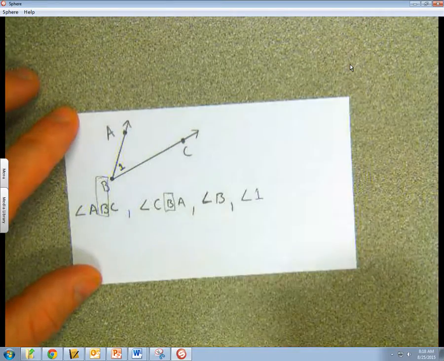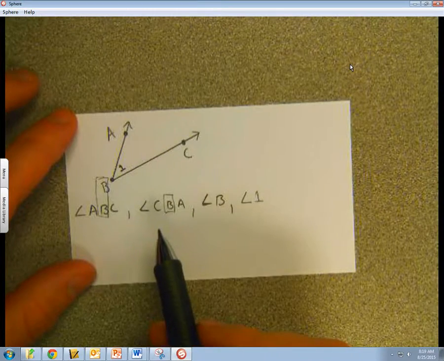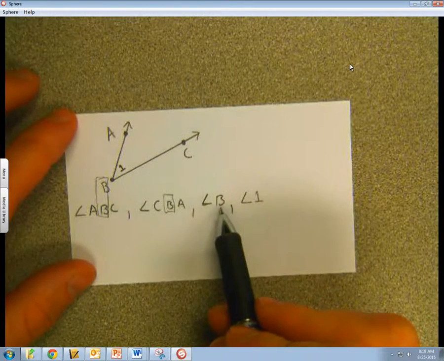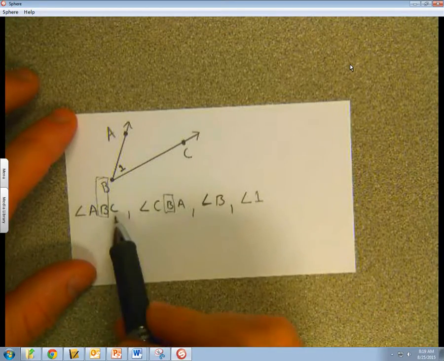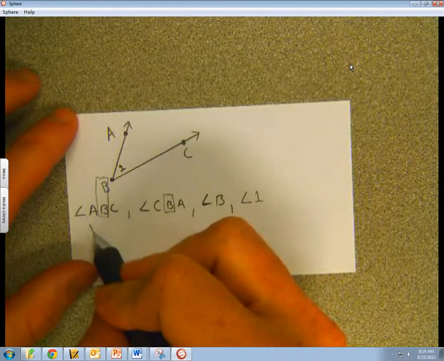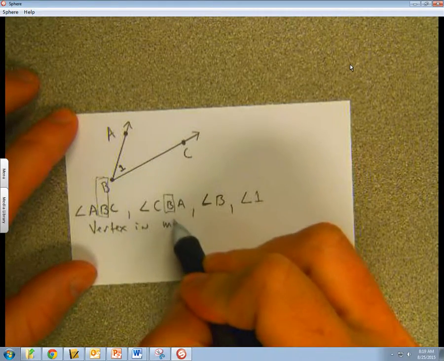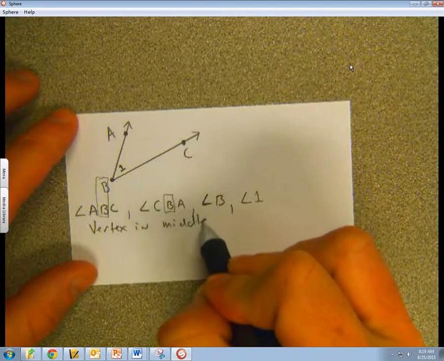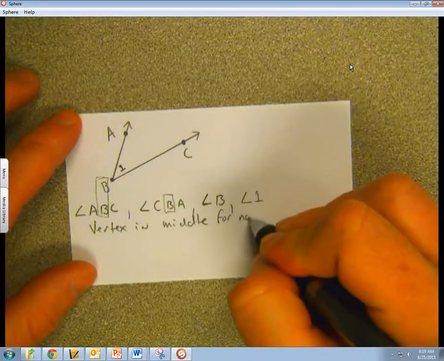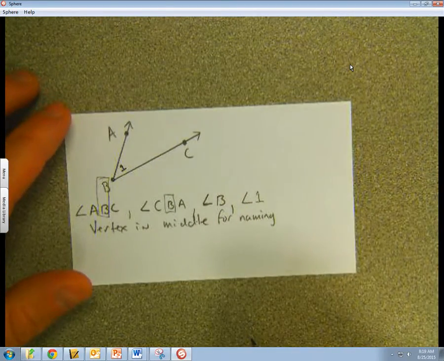Okay, so 4 ways to name an angle. Alright, number, the vertex letter, with 3 letters, and remember the vertex has to be in the middle. And the vertex in the middle for naming. And if you think about it, the vertex is in the middle anyway.